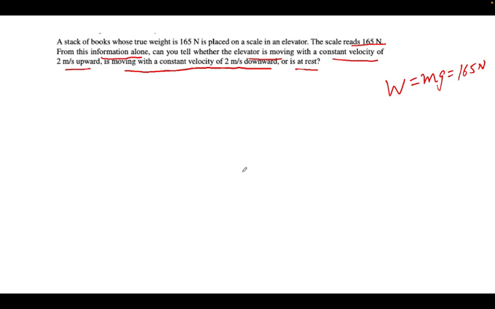So here, since the apparent weight and the true weight are showing the same value on the scale, this is our apparent weight, and this is the true weight. How can we solve this?